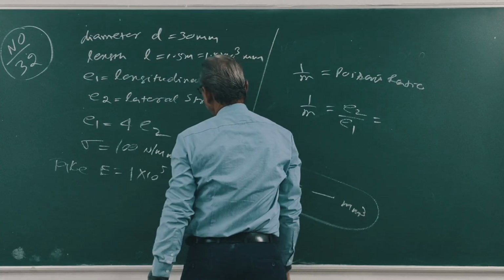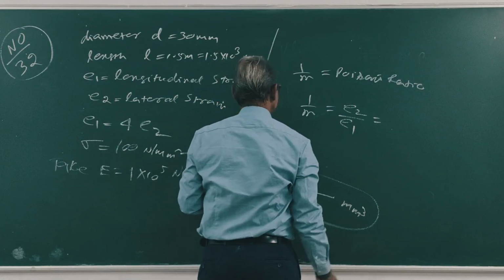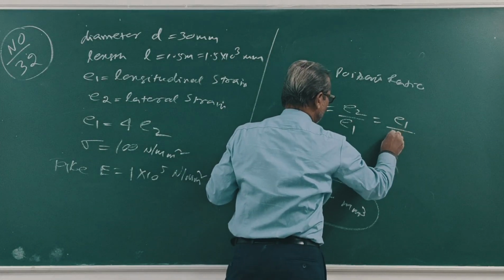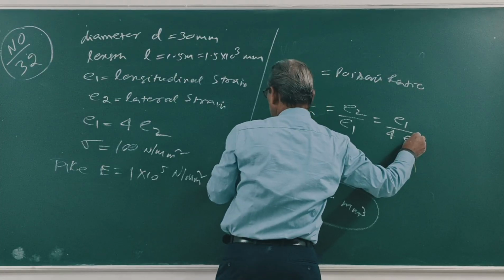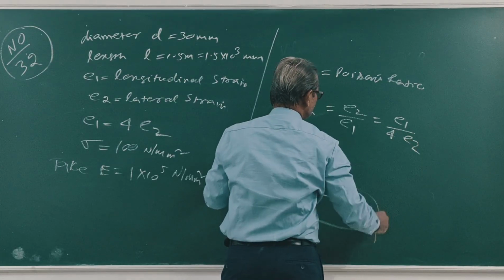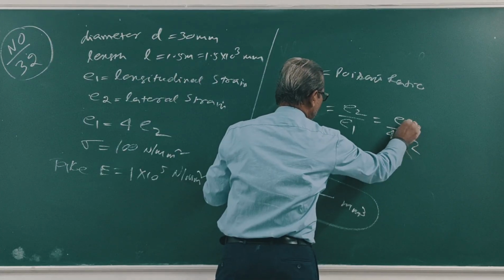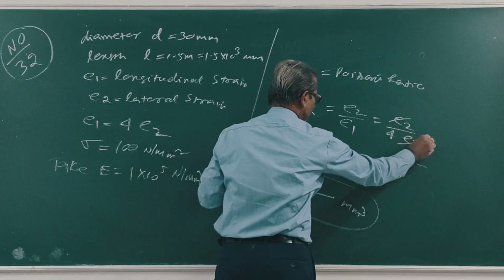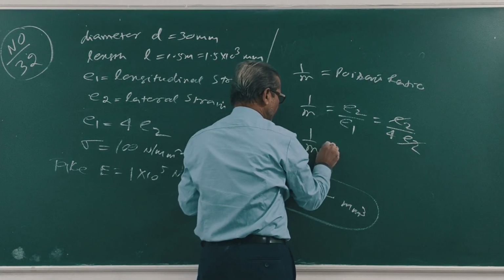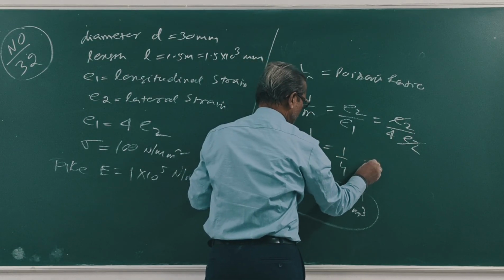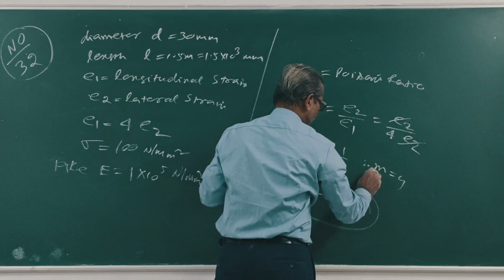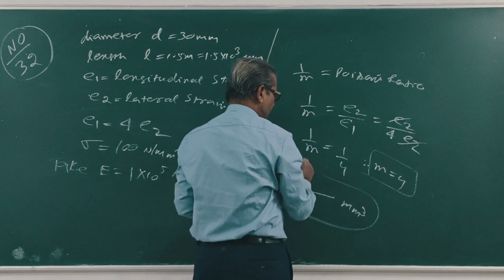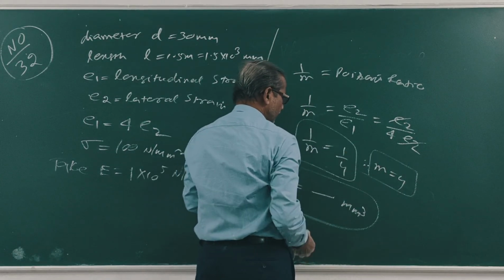What is E1? 4E2. E2 by 4E2, E2 cancels out. So 1 by m is equal to 1 by 4. What is m equal to? 4. Right? This is Poisson's ratio.